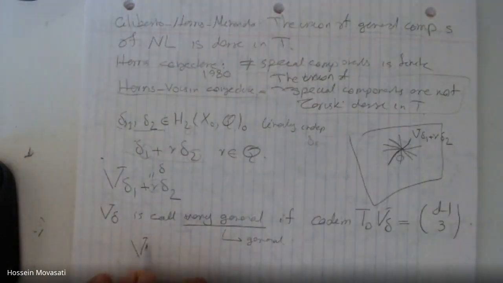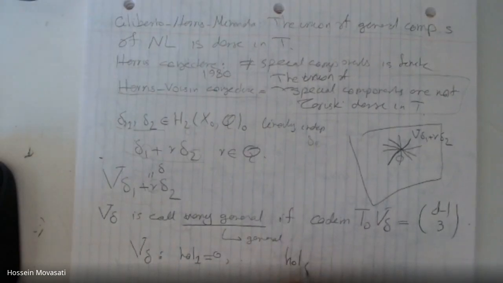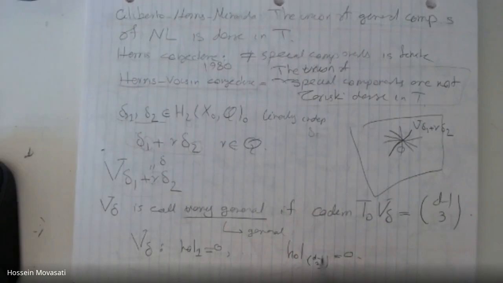For this one, you have to remember that V delta is given by holomorphic functions equal to 0, binomial d minus 1 choose 3 of them. So V delta is the zero set of binomial d minus 1 choose 3 holomorphic functions. What it means for the codimension of its tangent space to be maximal is that the linear parts of all these holomorphic functions are linearly independent.